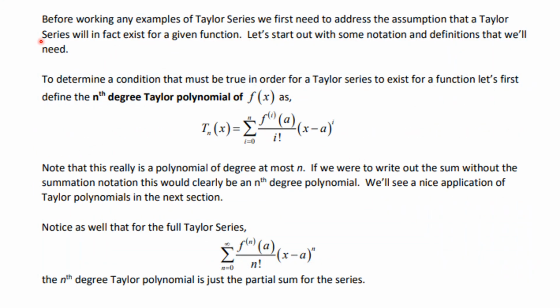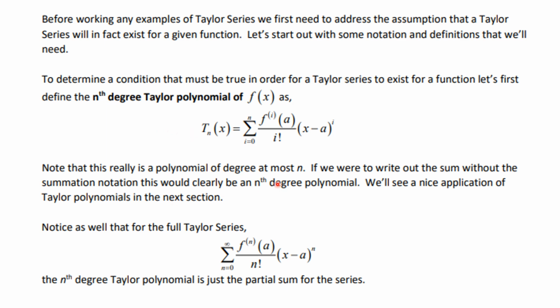Now before we work examples of Taylor series, we have to address the assumption that a Taylor series will in fact exist for a given function. And so what we're really doing is talking about the partial sum. So this is t sub n, which is also called the nth degree Taylor polynomial for f. So you see t sub n is a sequence that converges to the full Taylor series as n goes to infinity.